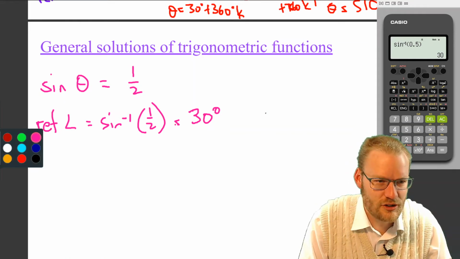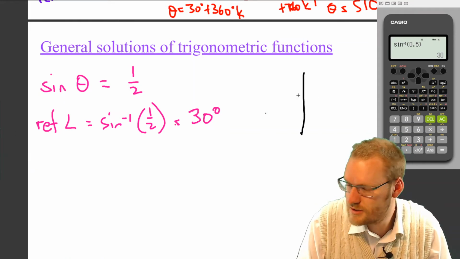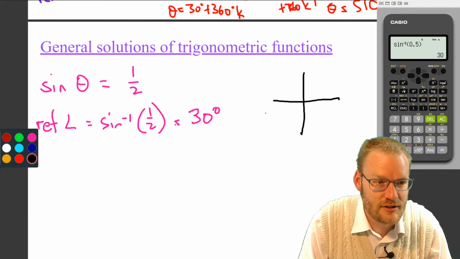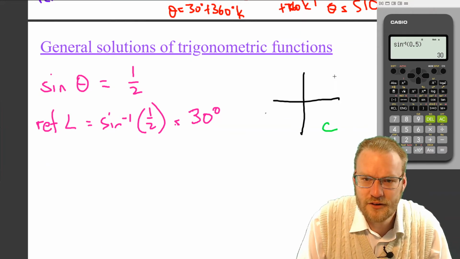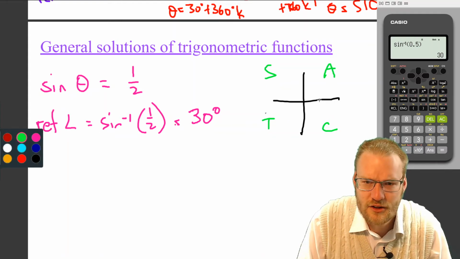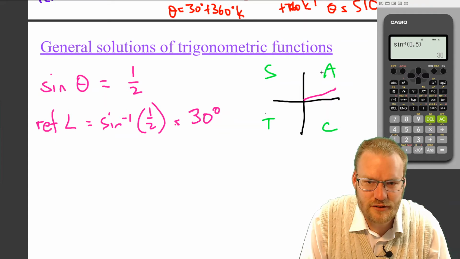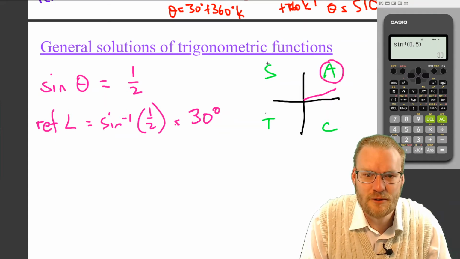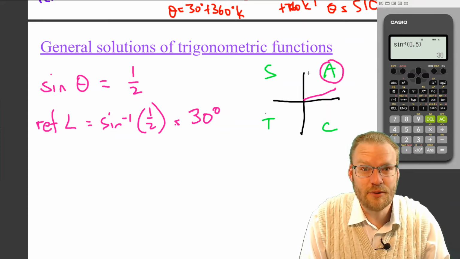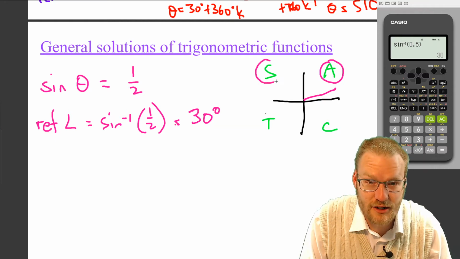Okay, and then I said, oh, well, that's just one solution. Aren't there more solutions? So I've got my CAST diagram here for reference. 30 degrees is one of my solutions. Sine 30 is positive, so I was in the first quadrant. Which other quadrant is sine positive? Yeah, the second quadrant.